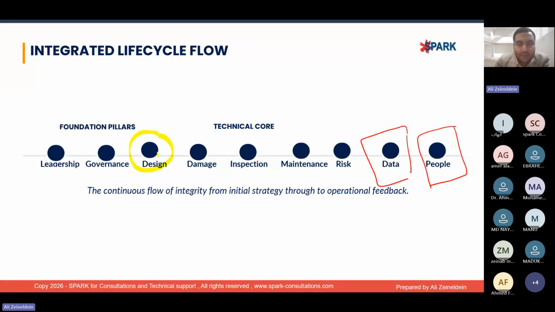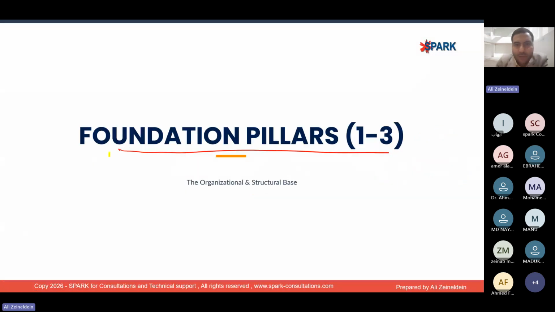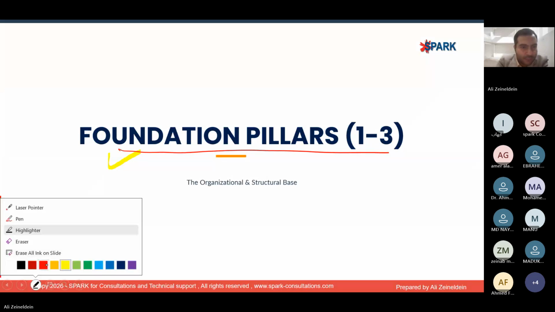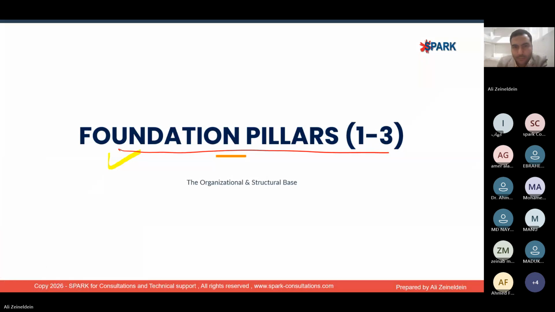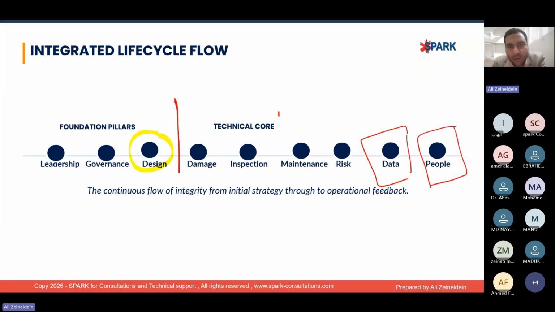Okay, here this technical core, and the rest we will discuss in detail.